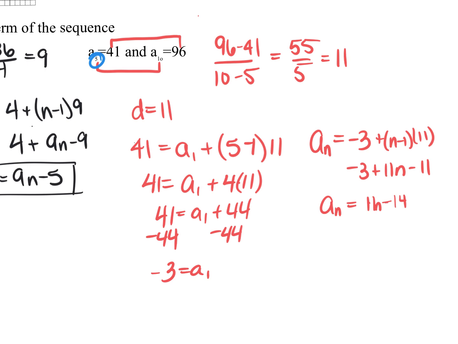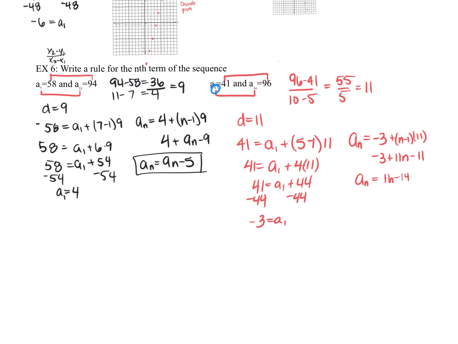Okay, now there's another way to do this using systems of equations, and I'd like to show that. If you're Mrs. Whipp's class, this is how she's definitely going to want you to do it. So we're going to plug in the n and the 58 in this problem. So 58 equals A1 plus 7 minus 1 times D. Right, so we plug in 7 for n and 58 for your AN.